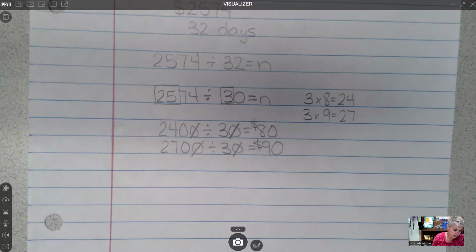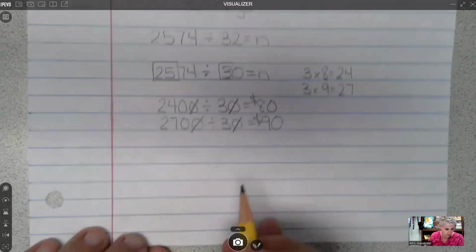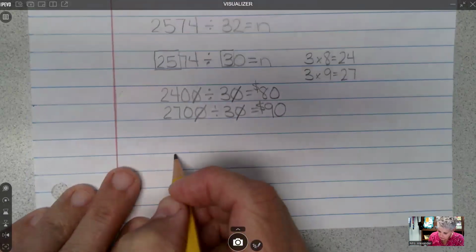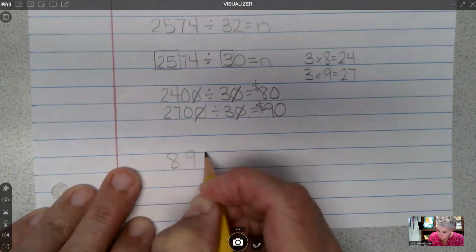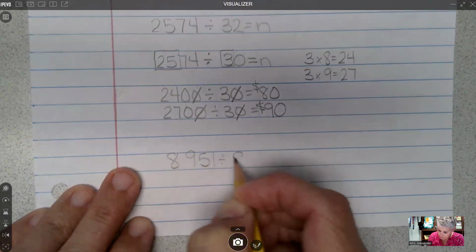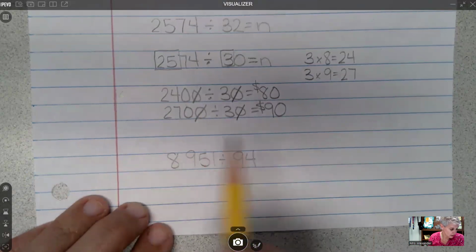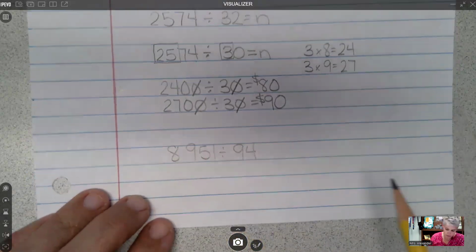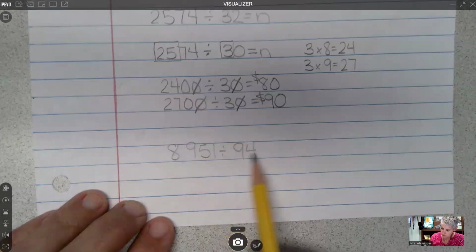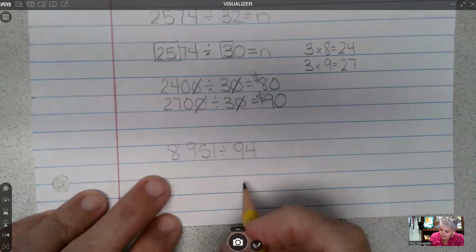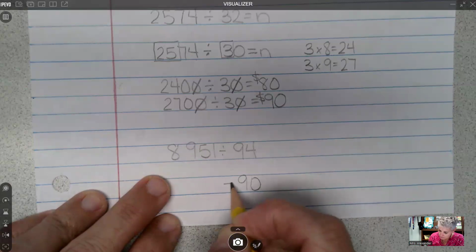So if we are looking for compatible numbers, let's think about this for a moment. I'm going to have to do a little bit of work. I'm changing that divisor to 90.